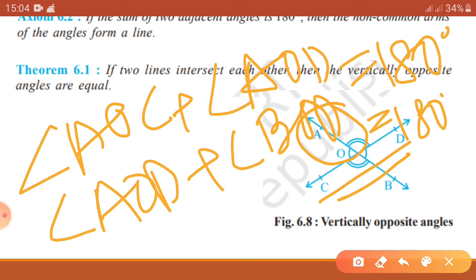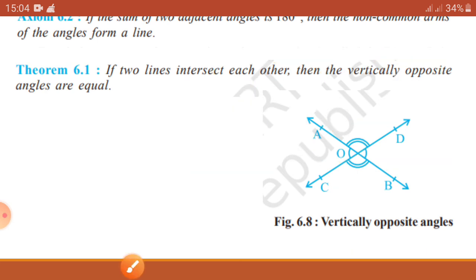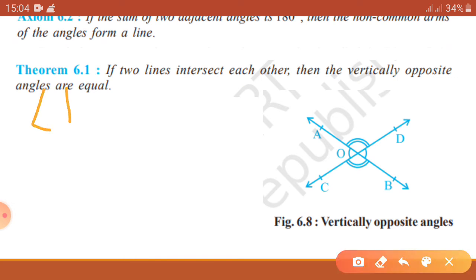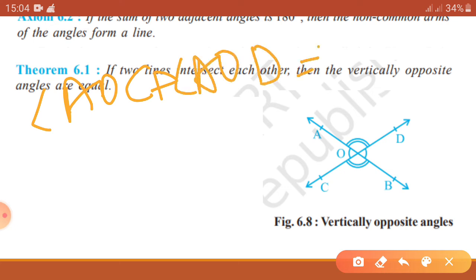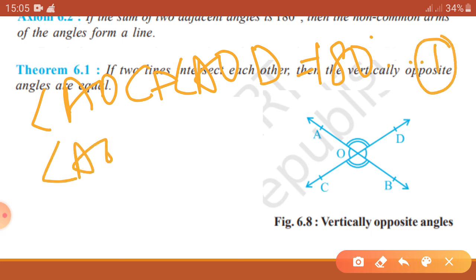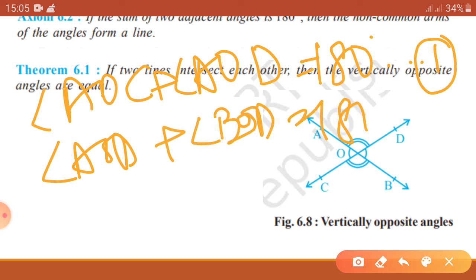So from here we can write that angle AOC plus angle AOD equals 180 degrees, that is equation number 1, and angle AOD plus angle BOD equals 180 degrees, equation number 2. Because AOC and AOD make a linear pair of angles, and AOD and BOD also make a linear pair of angles.